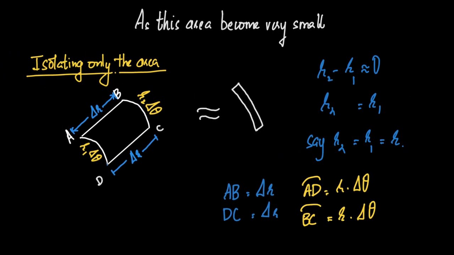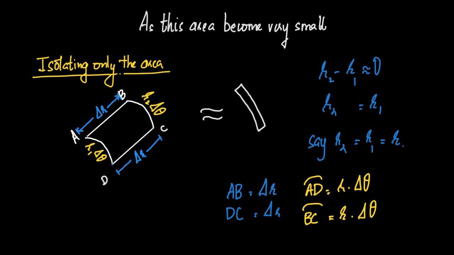Eventually, as this area ABCD approaches the smallest area possible, it assumes the shape of what? Shape of a rectangle. Well, ideally we should say that it assumes the shape of a polygon, and then we'll come to rectangle soon.